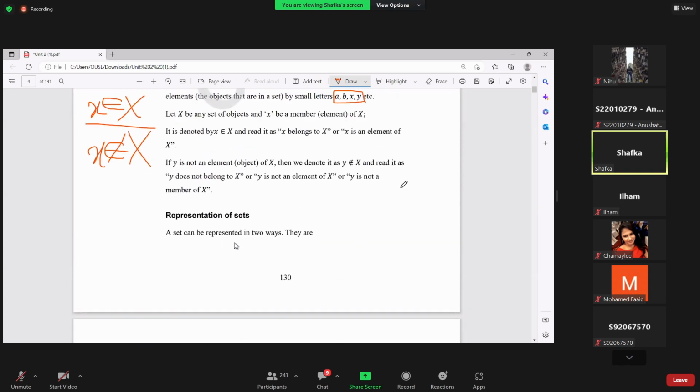So if I'm considering capital A as the prime numbers, okay, I hope you all know about prime numbers. A is the set of all prime numbers. 2, what can you say about 2? Is that an element in capital A?